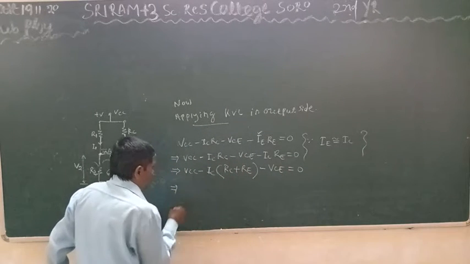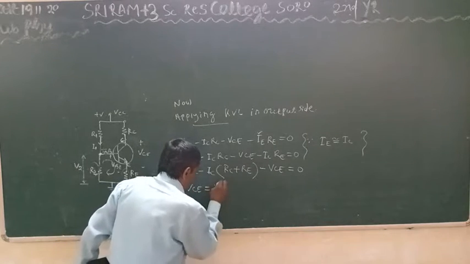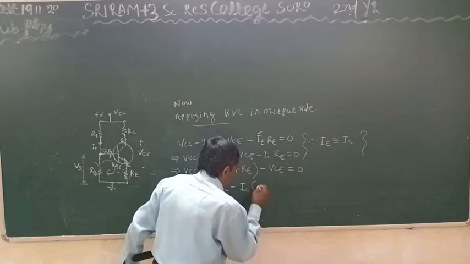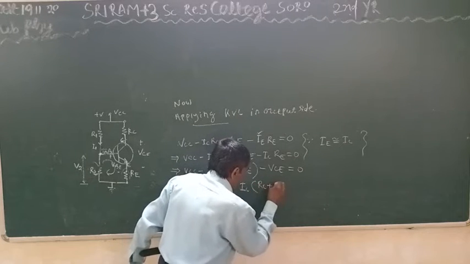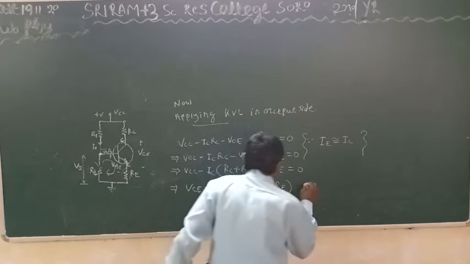Now VCE equal to VCC minus IC(RC plus RE). So this is equation number 3.